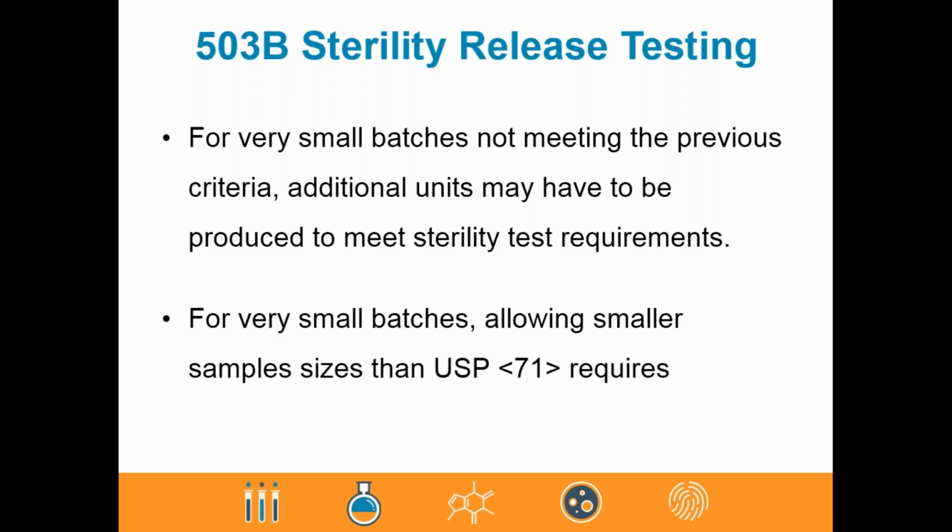Interestingly enough, it also says that they will allow for smaller sample sizes than USP 71 requires. So the recommendation there is to come up with a justification, write your justification down, and document why you're proceeding the way you are on those.